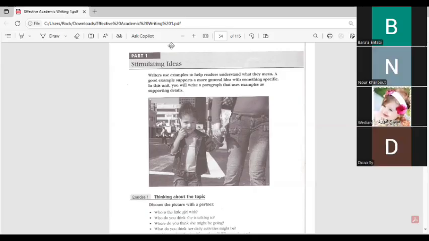Okay, go ahead, please. There is a little boy. A girl or boy? What do you think? I think a girl. Yes, it's a girl.